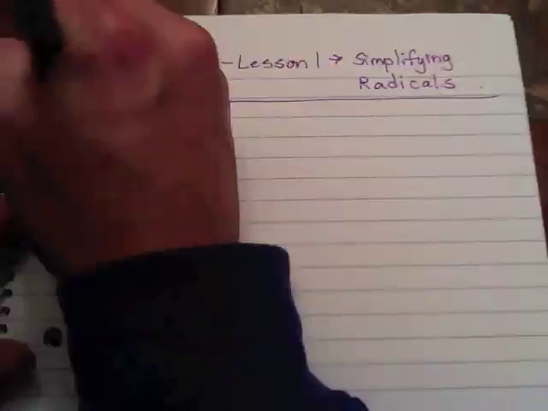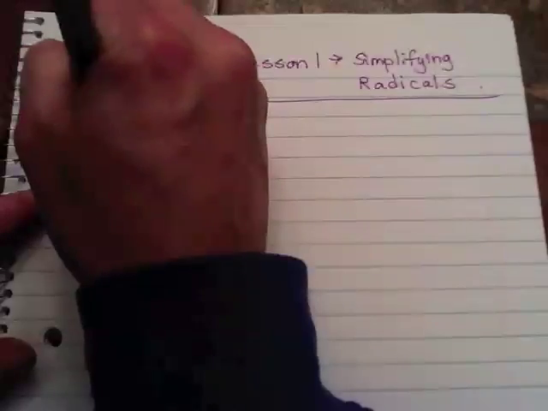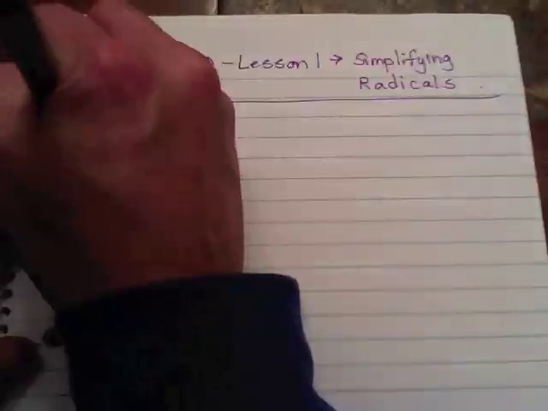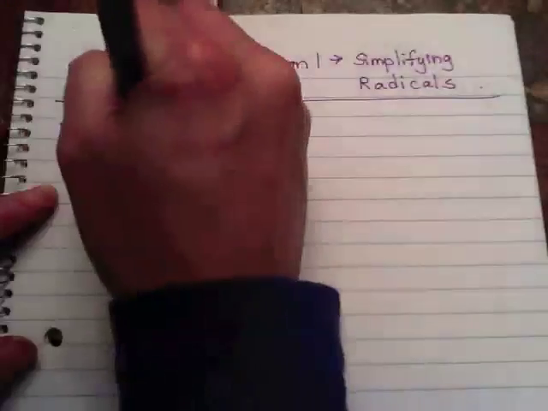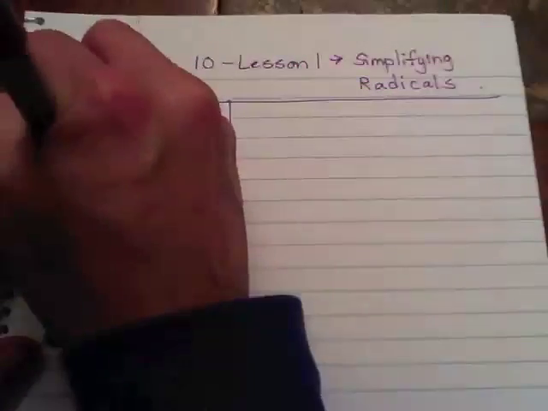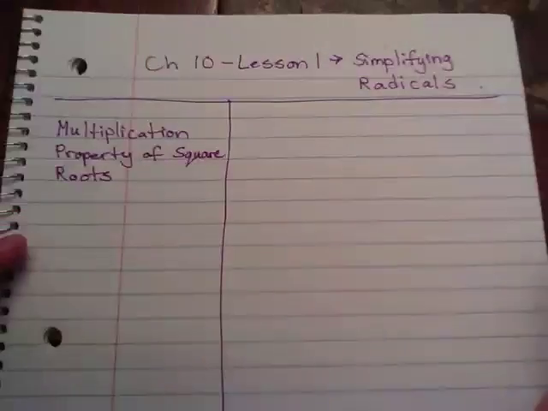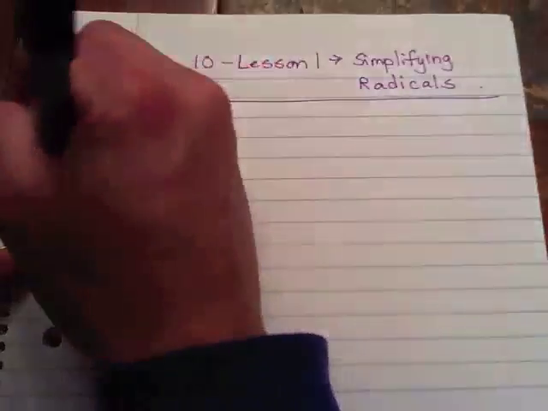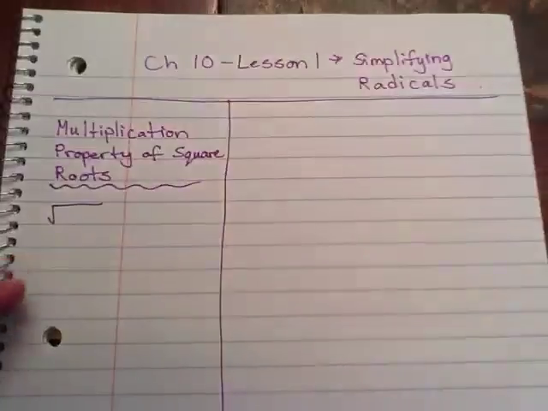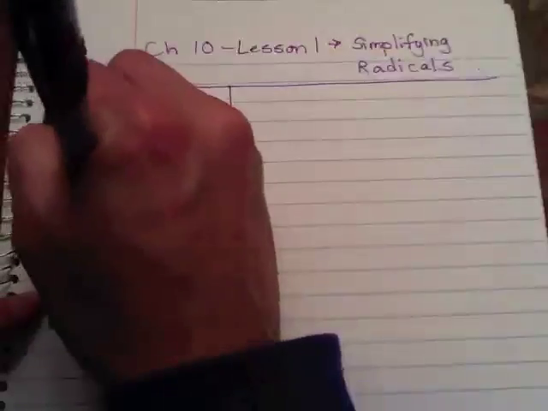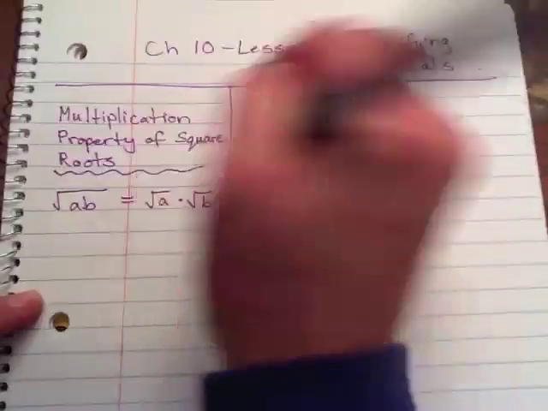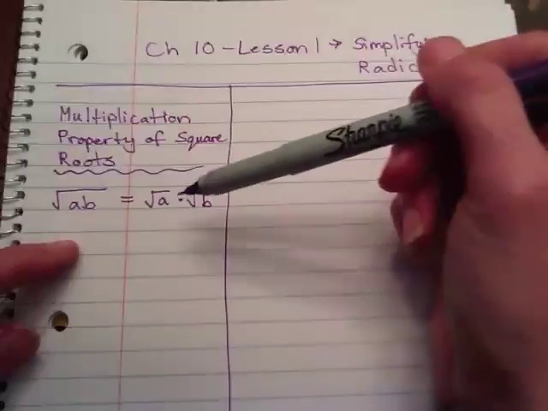First, we're going to look at the multiplication property of square roots. And the multiplication property of square roots is basically just saying that if you have the square root of AB, that can be equal to the square root of A times the square root of B. And it goes the other way also.